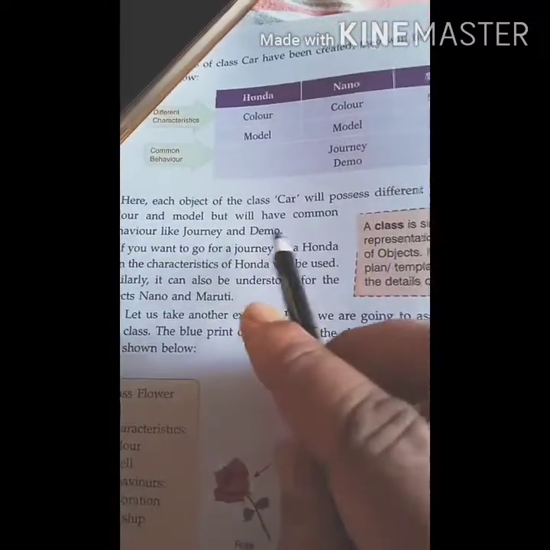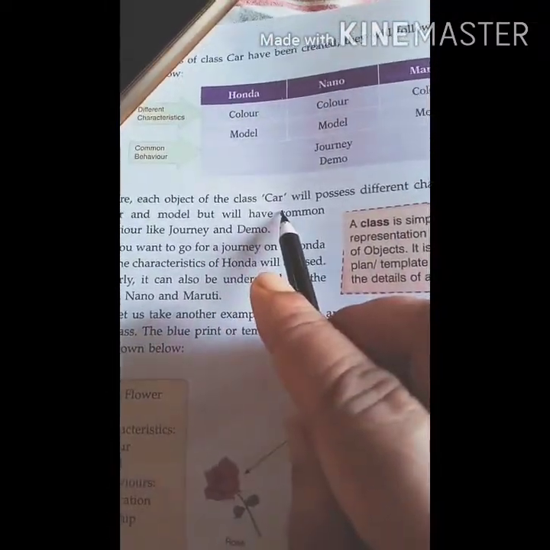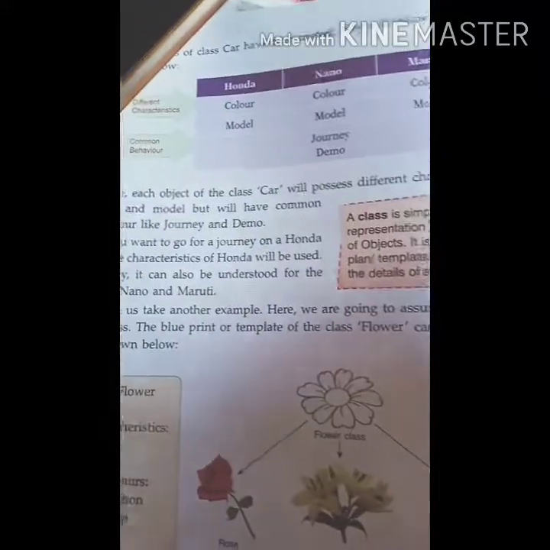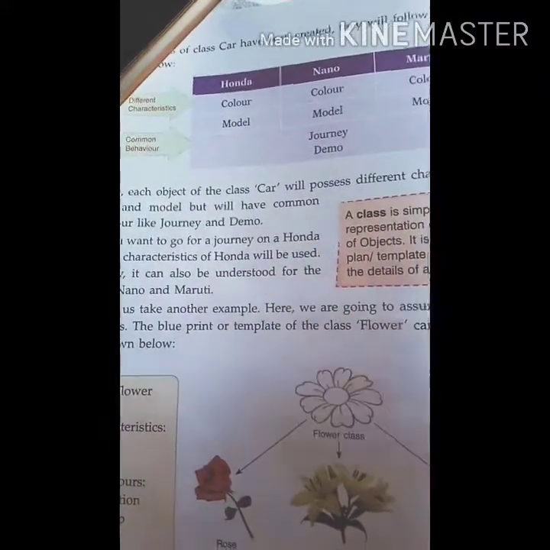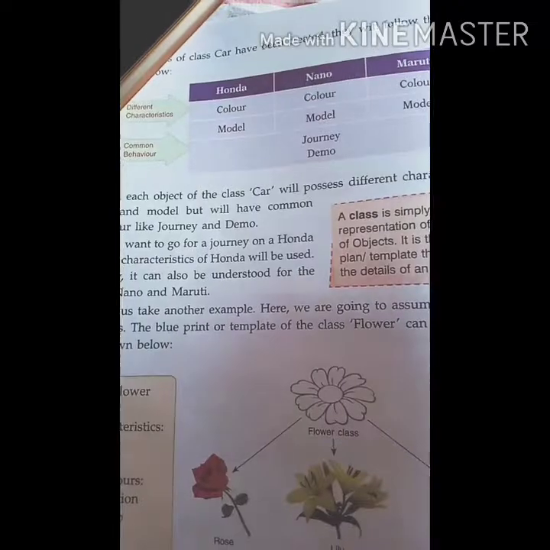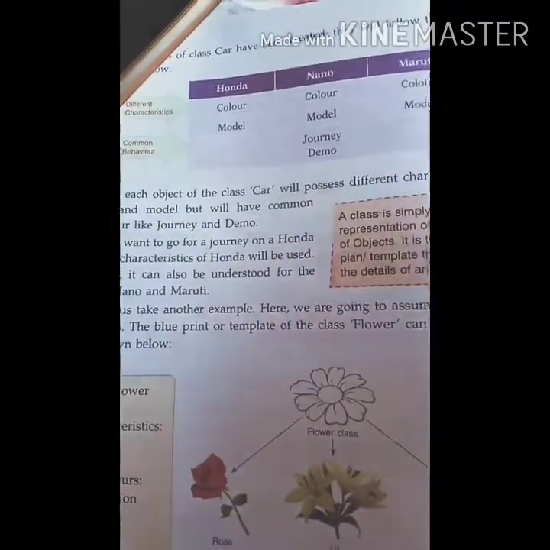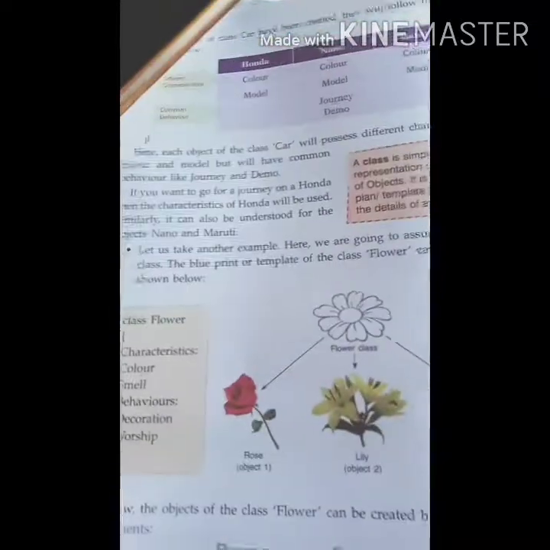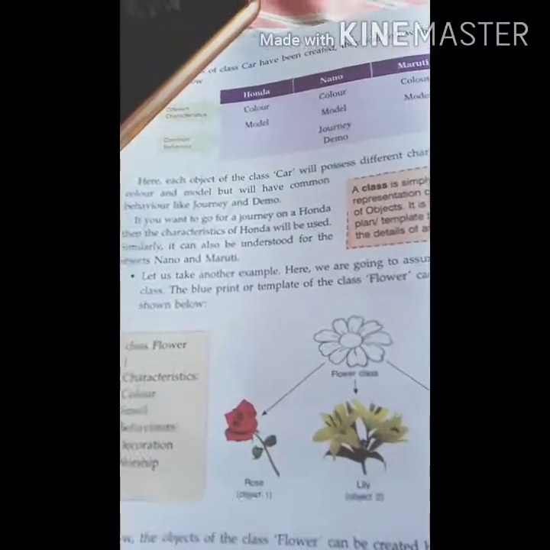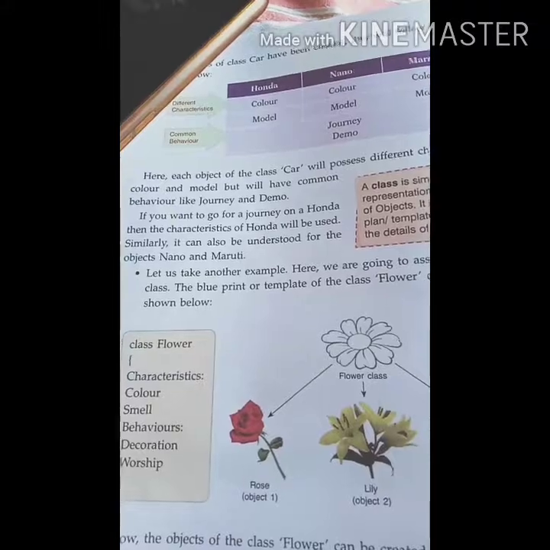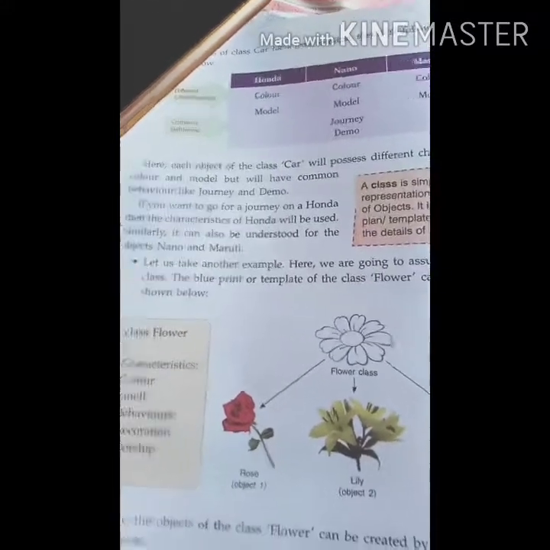So you have to understand car is a class, and Honda, Nano, and Maruti are our objects that we have created, and all these objects may have different characteristics and similar types of behaviors.